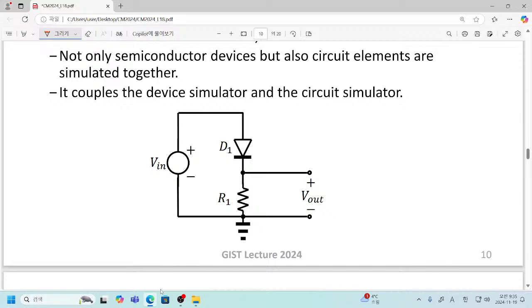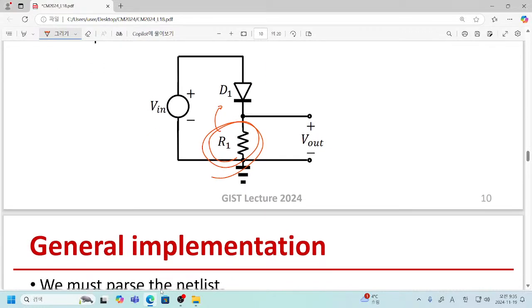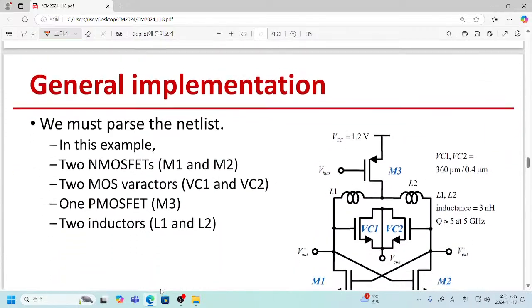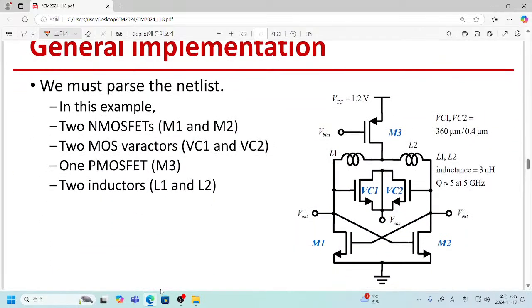Include this resistive component as part of our entire system and solve them all in the same way we did with this TCAD simulation. So actually, the general implementation would be quite involved.